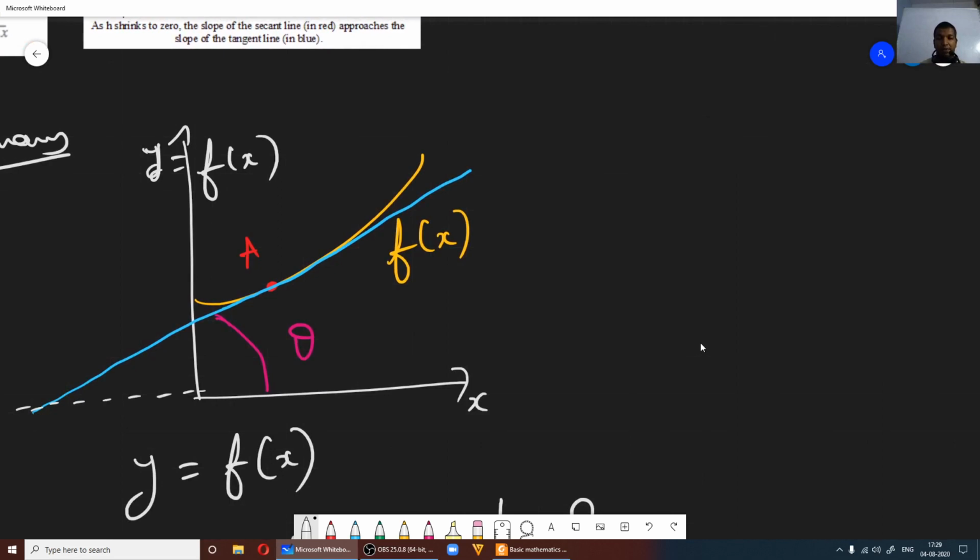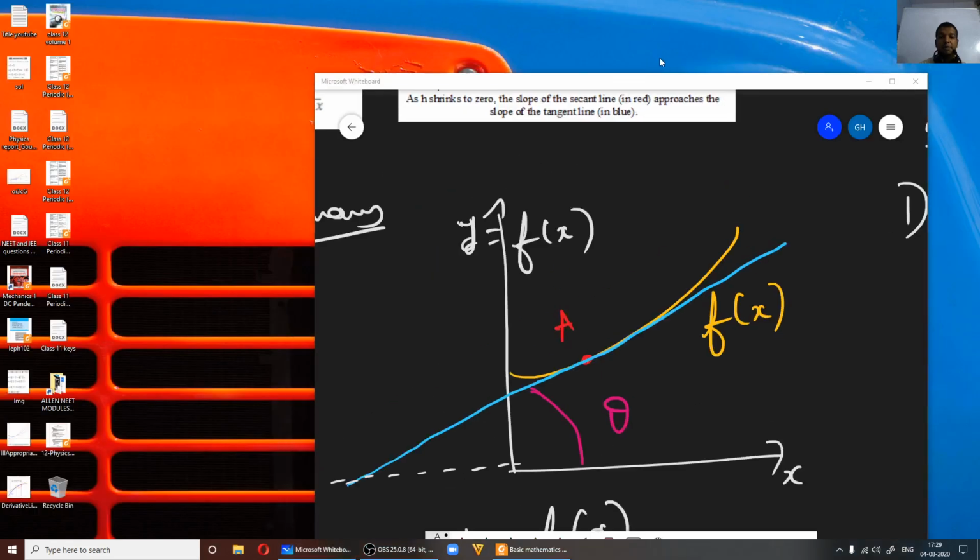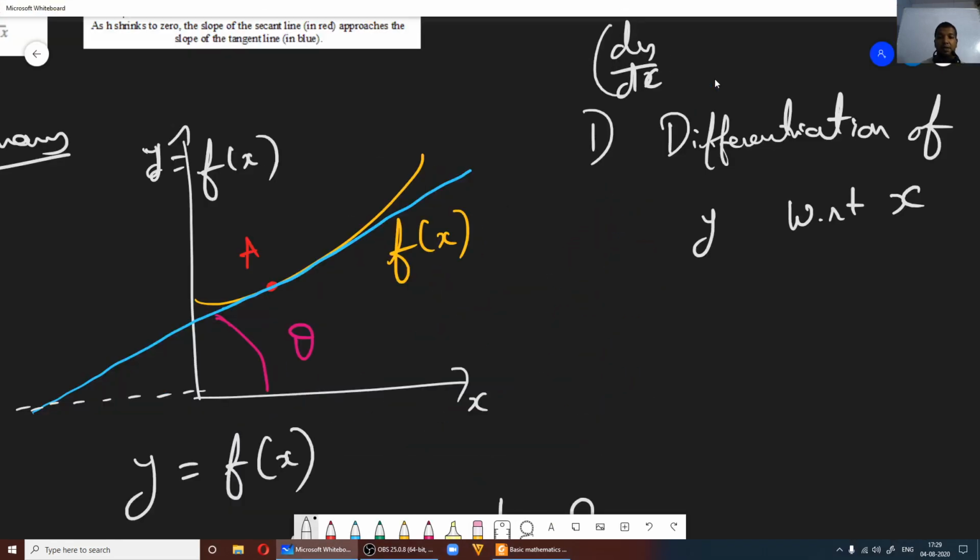Now as I told you, there are many names using which we will understand this differentiation, right? Now we'll say differentiation of y with respect to x, correct? That is the first, so better to note it down. So dy by dx, this is how we call differentiation of y with respect to x.